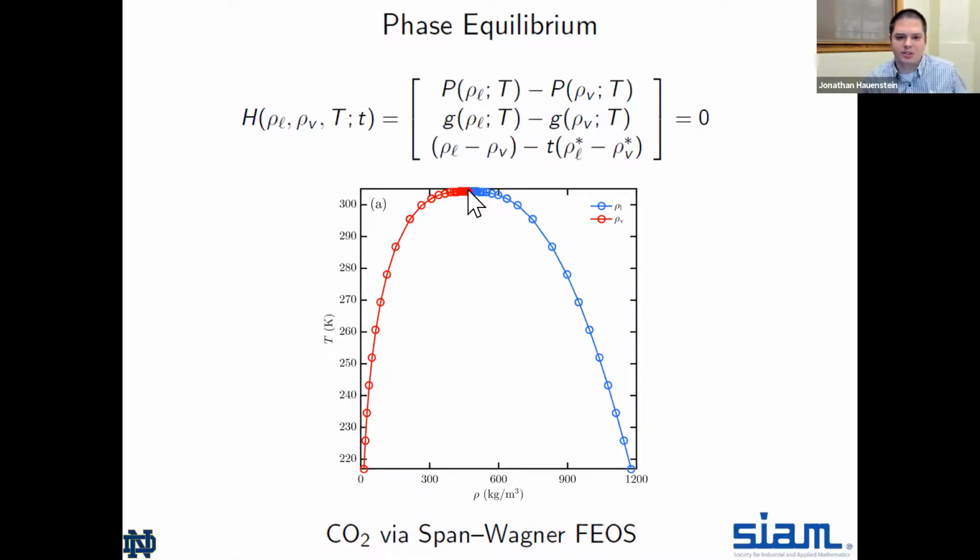So the critical temperature is just over 300 Kelvin for carbon dioxide, where you have both liquid and vapor carbon dioxide existing in equilibrium. So you can find these solutions easily for low temperature. And then once you find them for low temperature, you can use a homotopy to track along them to force them to come together.